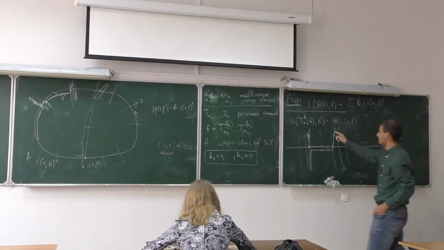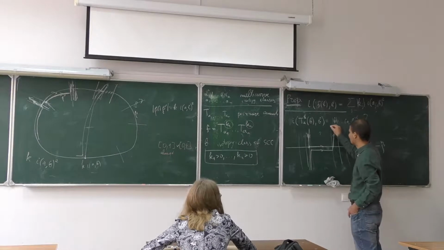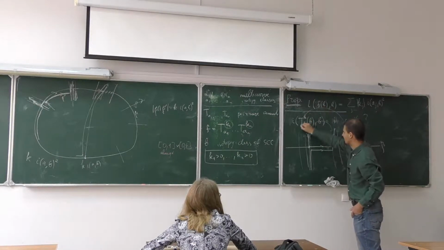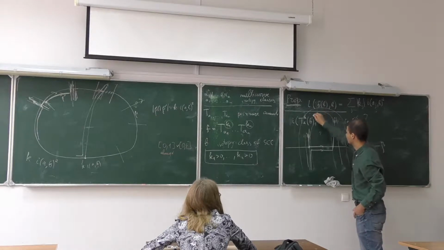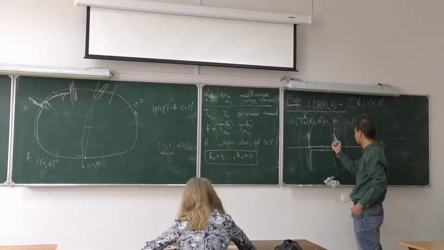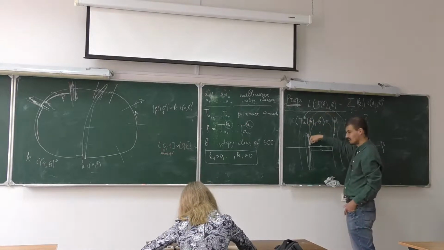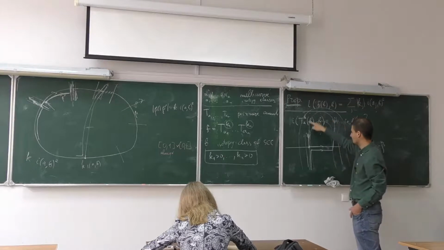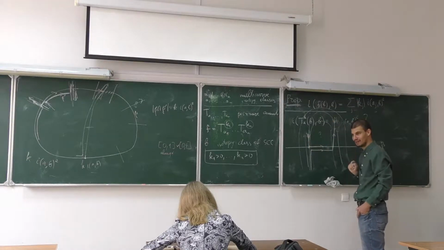If this is the same, then this one travels along this strip, and this one goes here. It must go inside this strip, and hence we would have a bigon between alpha and beta.